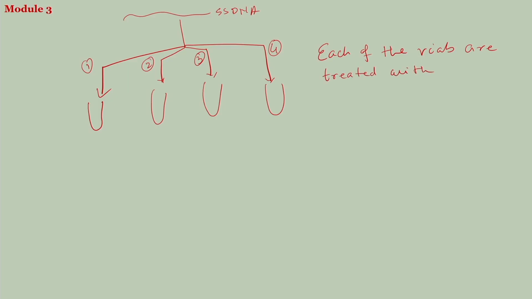Are treated with a different set of chemicals. So, let us take one vial at a time and we will see what are the chemical treatments that are done and what is the outcome of it. How does it cleave the DNA in a specific manner.